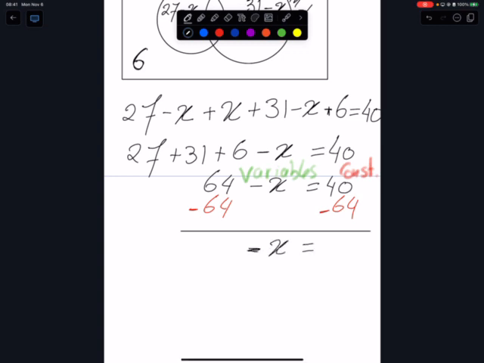Minus X equals 40 minus 64. That equals, here we have 6. And we have 3, negative 26. Oh, 24. Oh yes, duh.